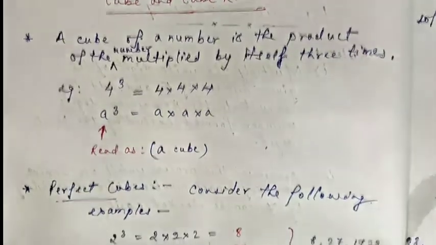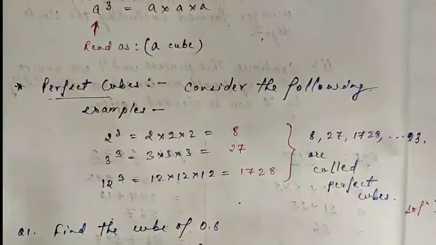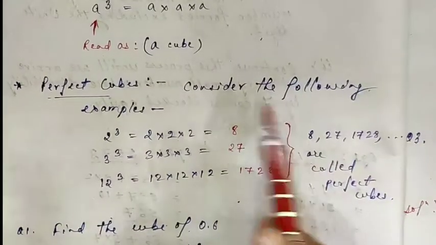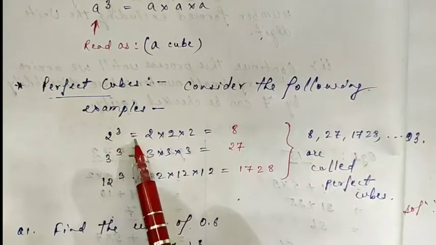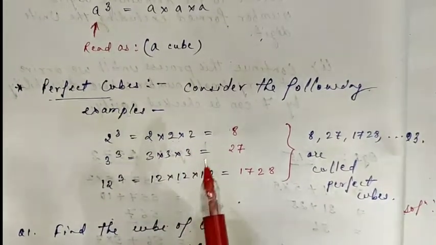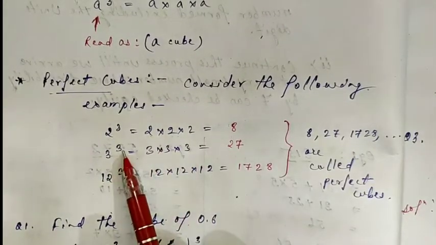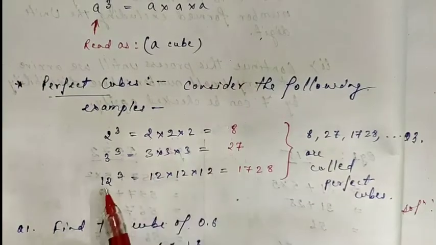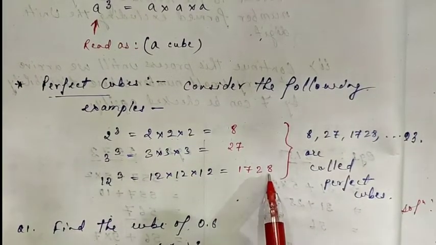After this, we have perfect cubes. What are perfect cubes? Try to understand it by taking an example. When I write 2 cube, it means 2 multiplied with 2 multiplied with 2. 2 multiplied 3 times, you will get 8. Similarly, 3 cube will give you 27. 12 cube will give you 1728.